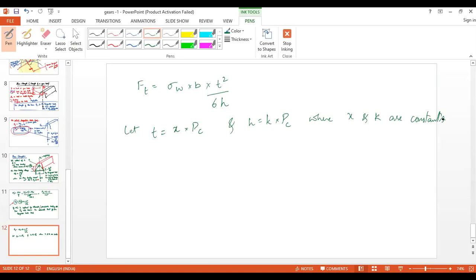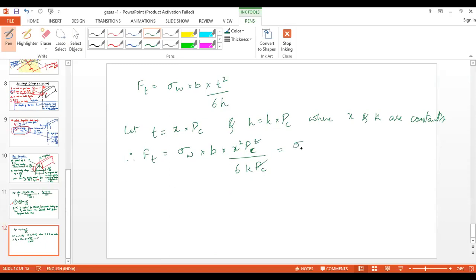Therefore, this Ft can be written as sigma W into B into X square PC square divided by 6 K PC, and here PC will get cancelled.